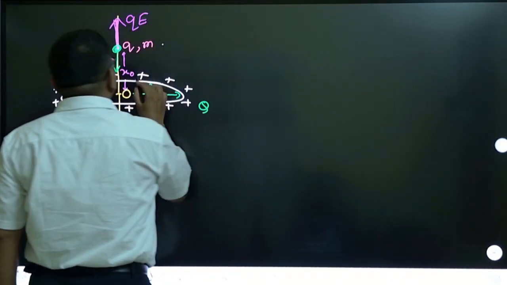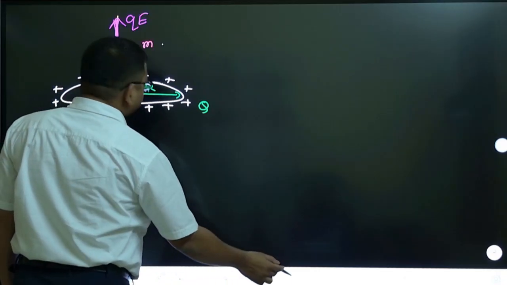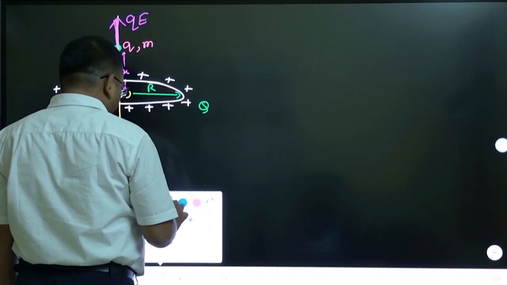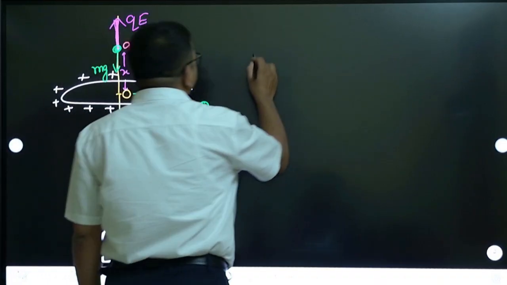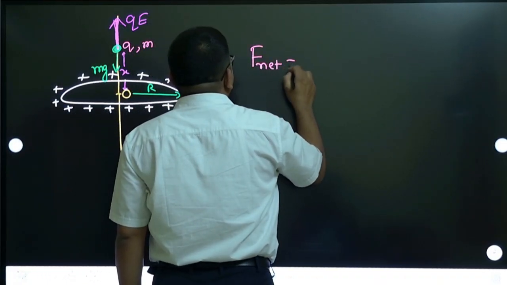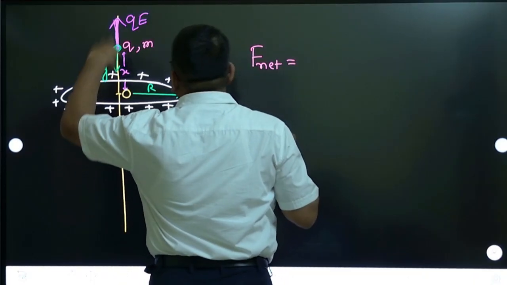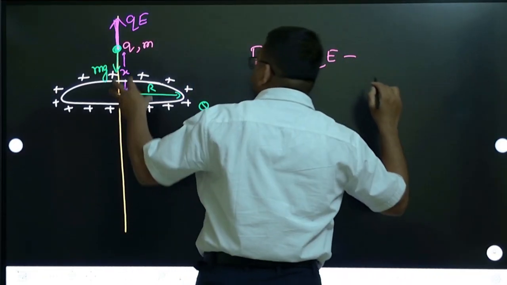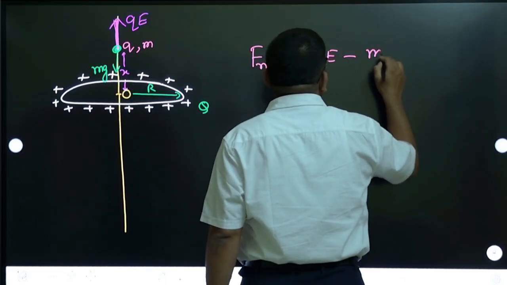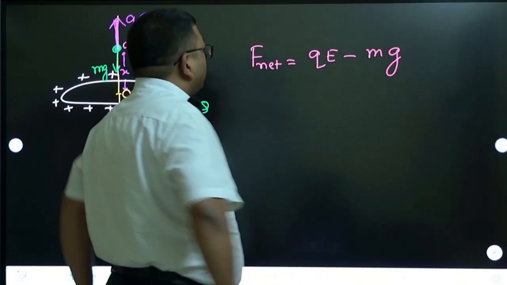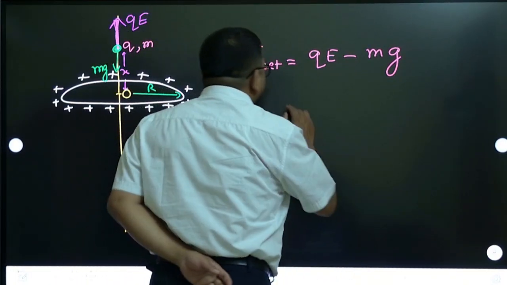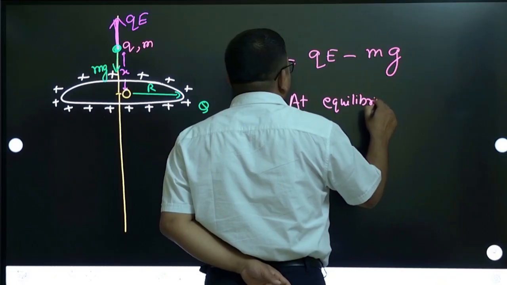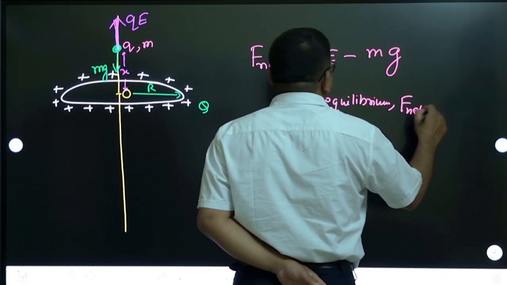Let us say this is a general x, not x naught. Assume that it is x. What are the forces acting if you try to write the net force? Net force, let us say upward as positive: qE minus mg. At equilibrium, net force is 0.